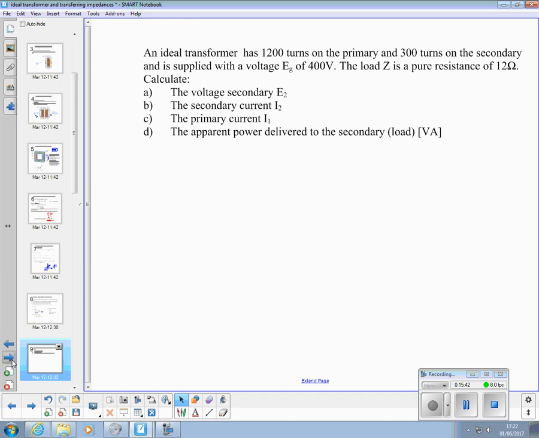So, did you go through this question? Ideal transformer, 1200 turns. Let's just see, I've probably got a worked answer in here. 100 volts, yeah. 8 and a third, yeah. 2.08. 3 VA. So are you all happy with that?